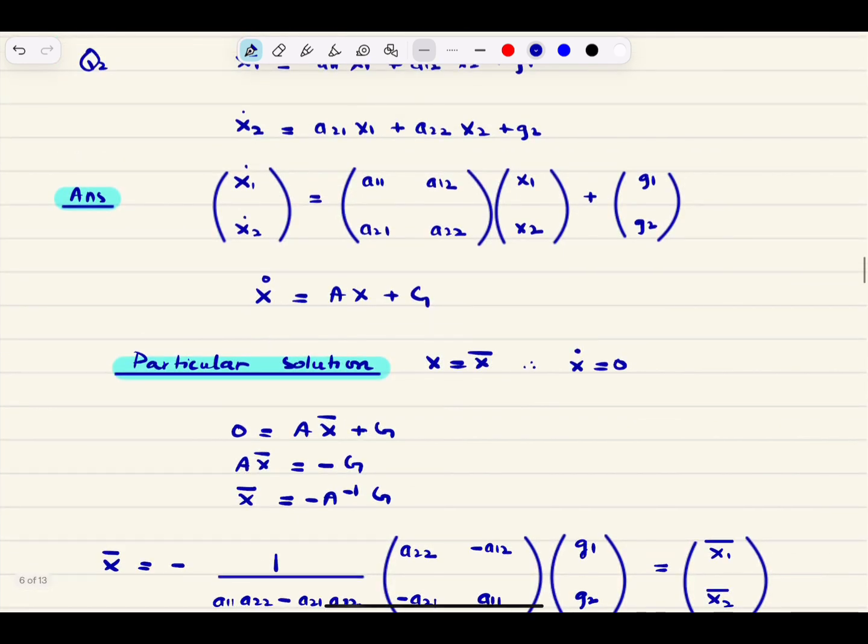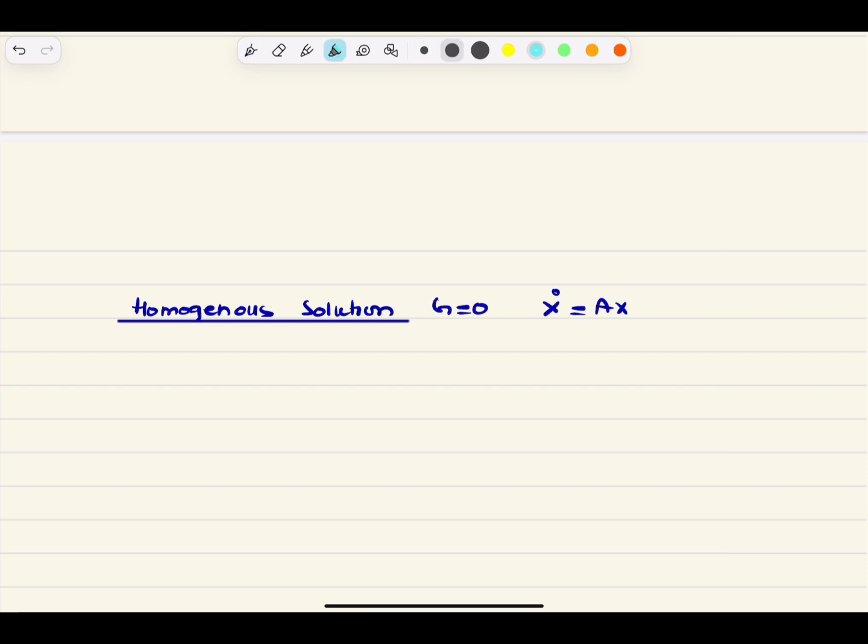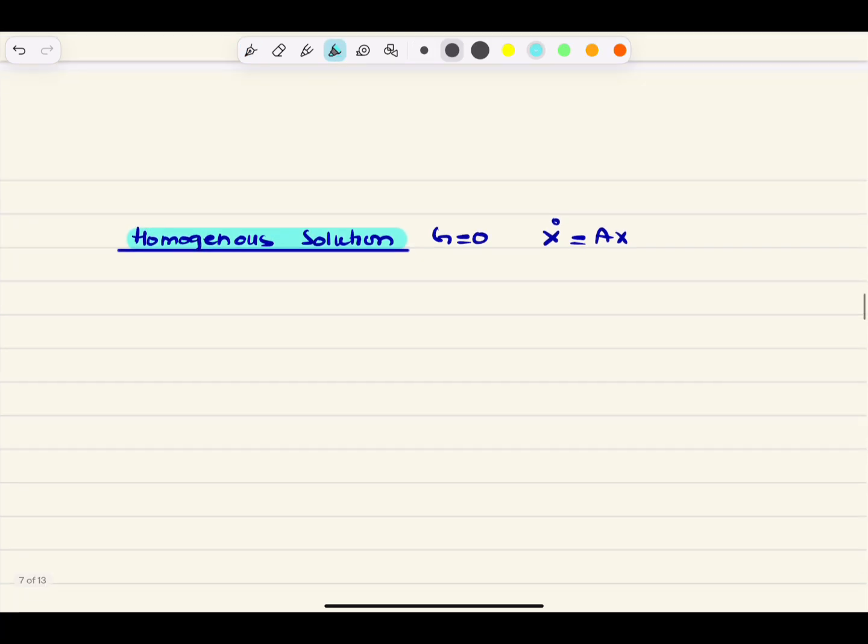Second, moving on to the homogeneous solution. Remember, for the homogeneous solution, we solve for the column vector g equal to 0. So we have x dot is equal to Ax. We are solving this and we put in the trial solution.